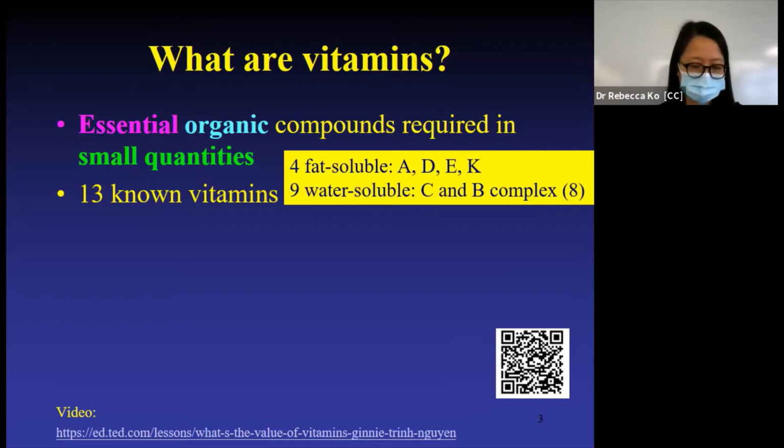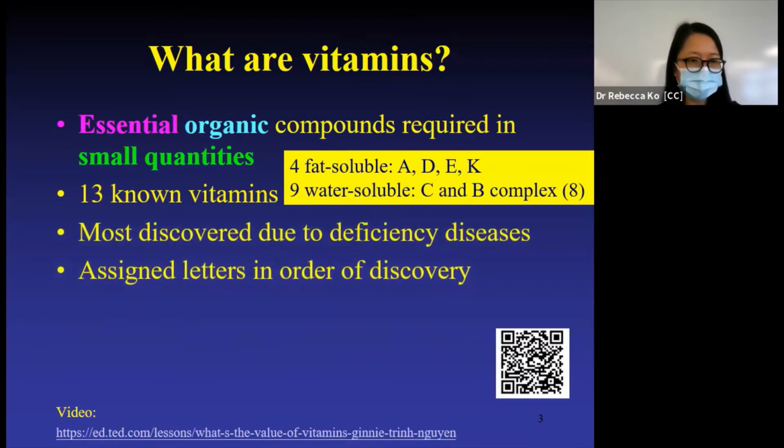Now, let's see. Most of these vitamins were discovered due to deficiency diseases. Once a disease was reported, we discovered that it was because of a lack of some of the vitamins. For the vitamins, we use the alphabet A, B, C, D to name them.